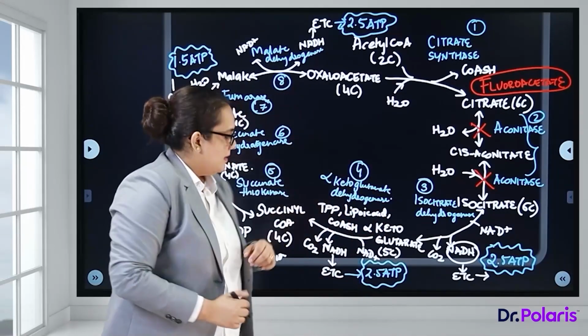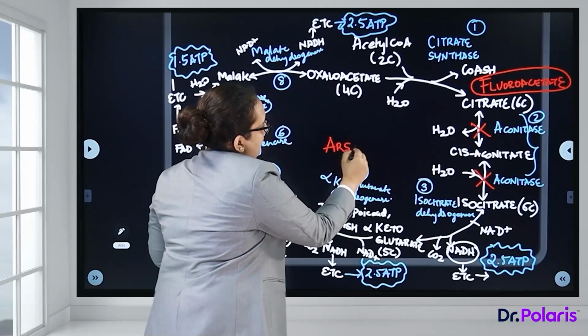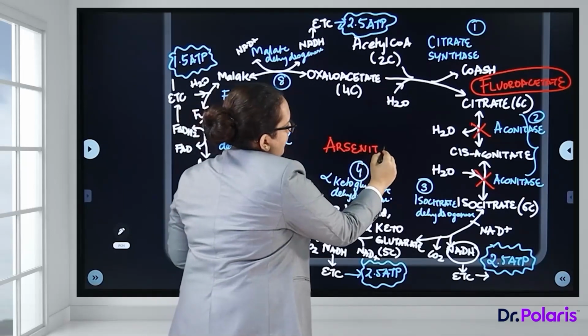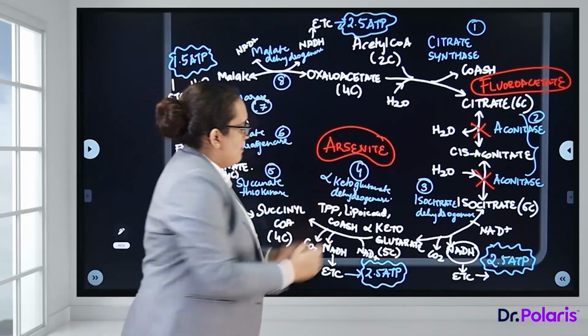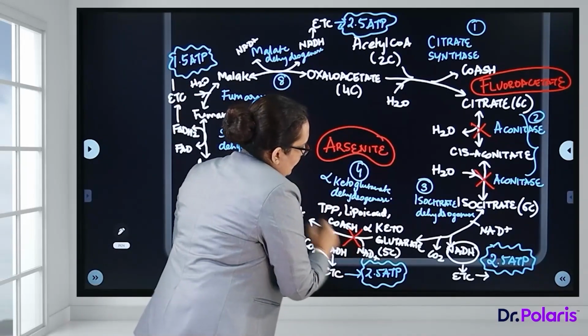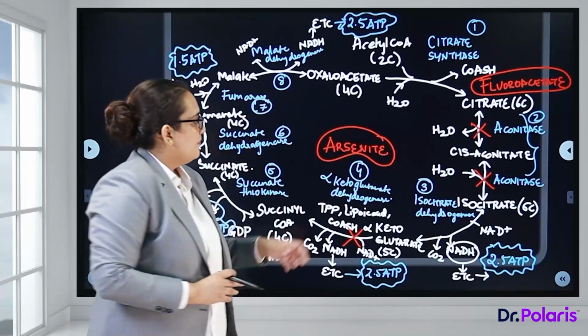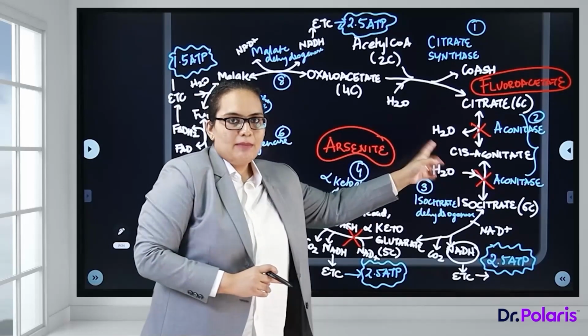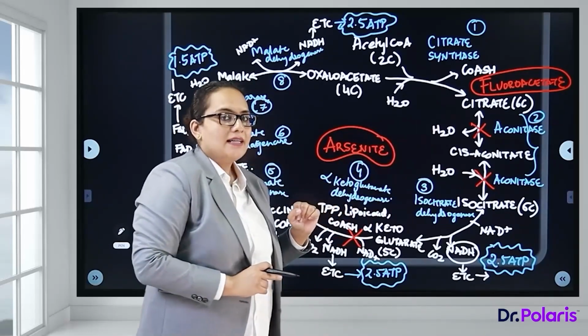The next inhibitor is known as arsenite. Again, arsenite inhibits the enzyme alpha-ketoglutarate dehydrogenase through non-competitive inhibition. So the method of inhibition is the same, non-competitive inhibition, in case of fluoroacetate as well as arsenite.